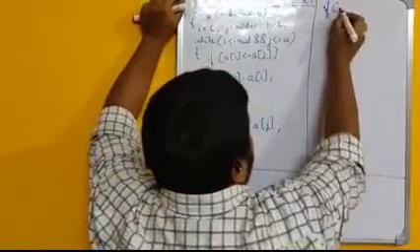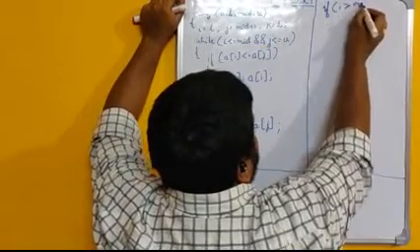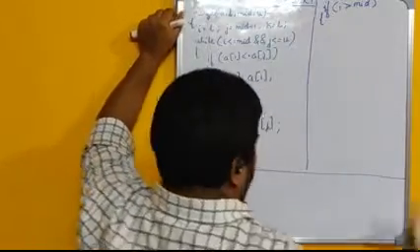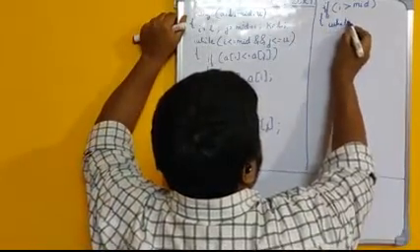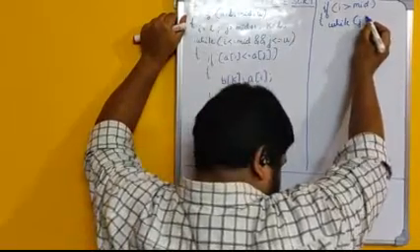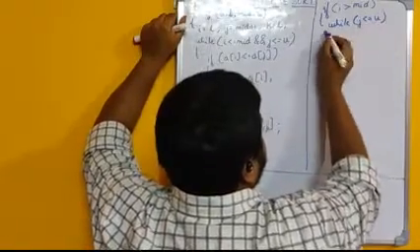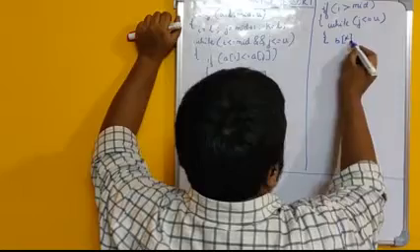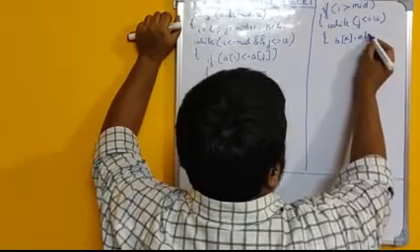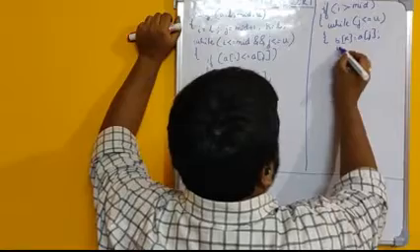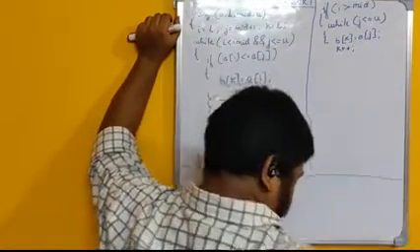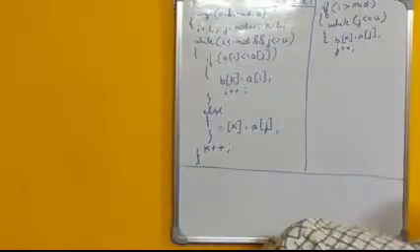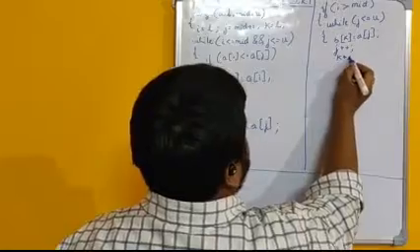If I is greater than mid, while J is less than or equal to upper bound, B of K is equal to A of J, J plus plus, and K plus plus.